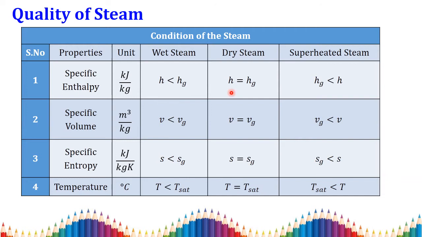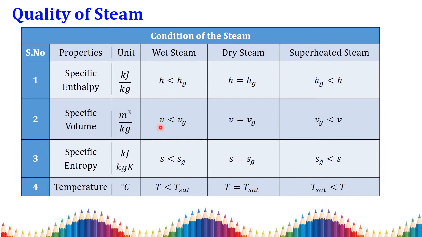When the given specific enthalpy is equal to the saturated specific enthalpy of vapor, then it is called dry steam. Here the x value is equal to 1. Then for superheated steam, the specific enthalpy of the saturated vapor is lesser than your given enthalpy.